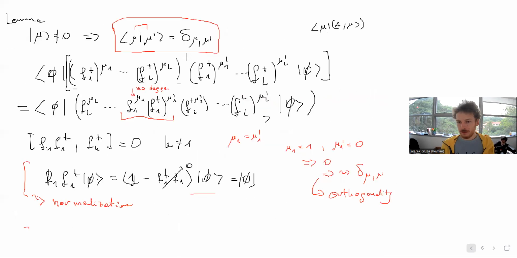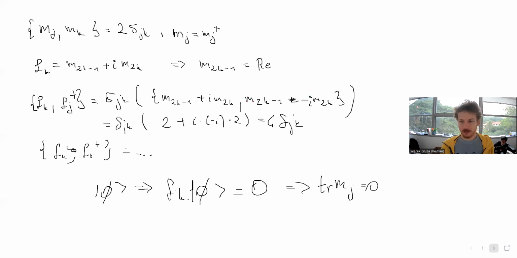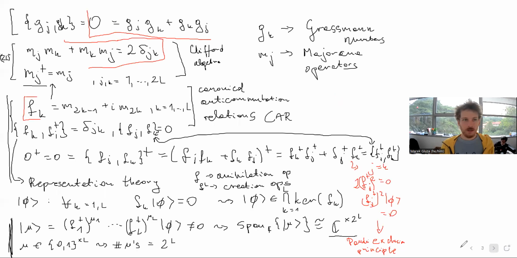Okay, so just a quick recap. Yeah, I will use the spotlight and go quickly. Anti-commutation with a homogeneous right-hand side is Grassmann numbers. Anti-commutation inhomogeneous into an identity, I call maybe Clifford algebra, but I additionally need that they are Hermitian.